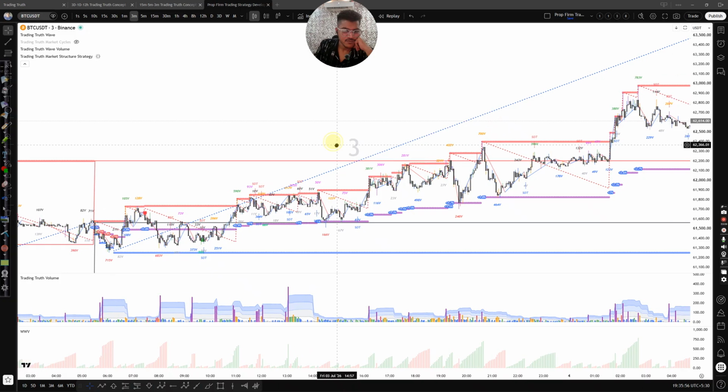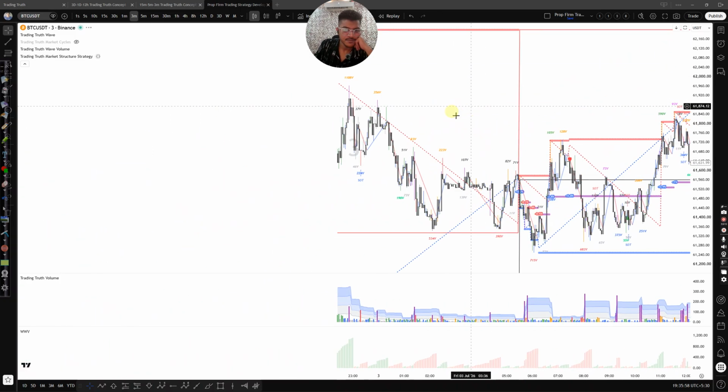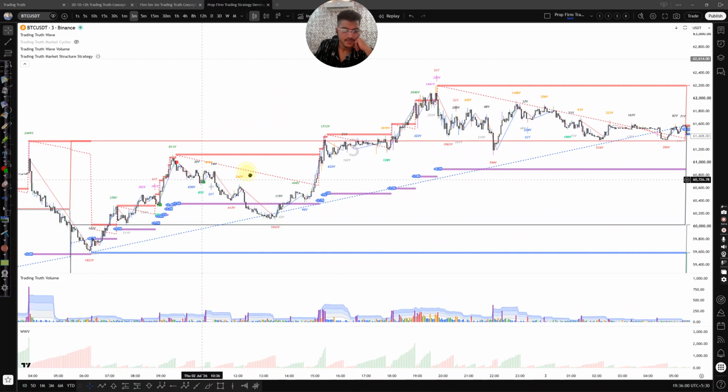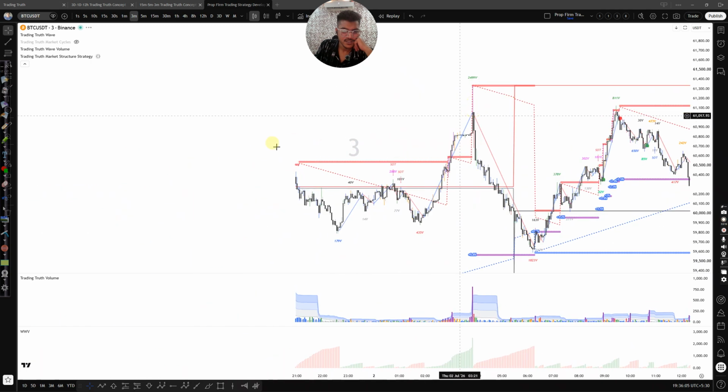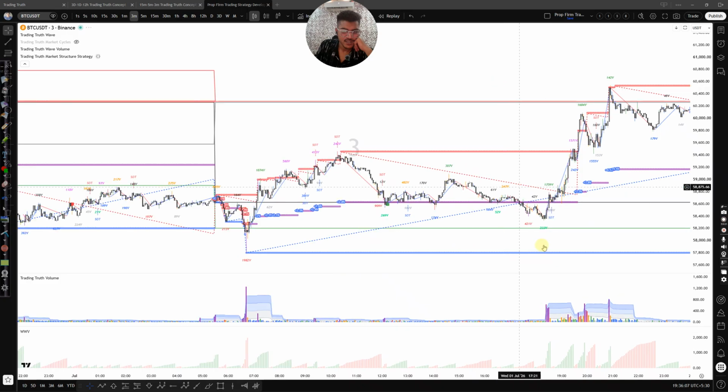Bullish divergence, that one. Another bullish divergence. Another bullish divergence here.